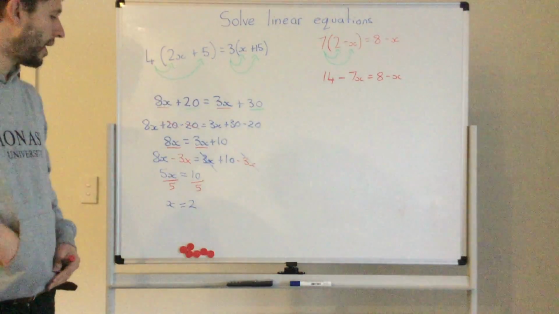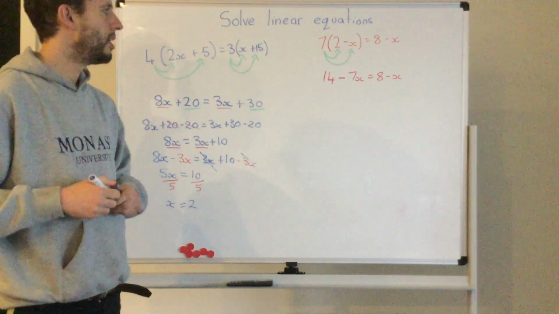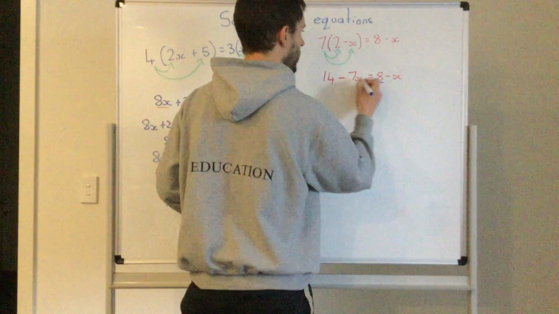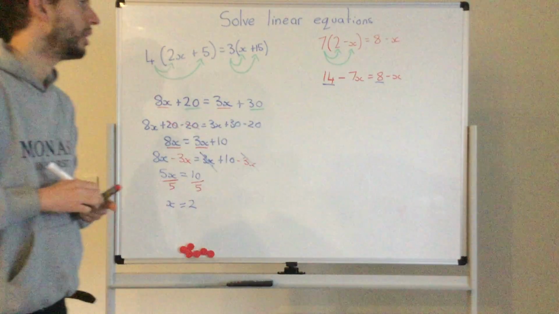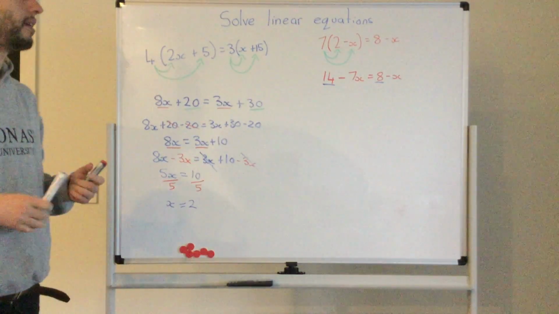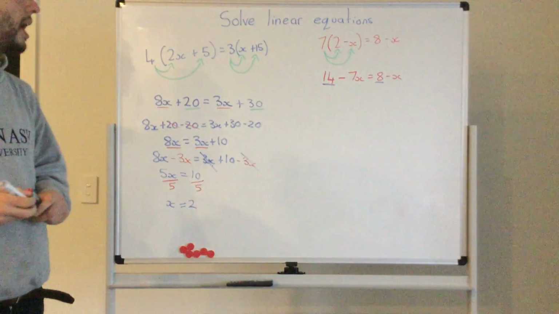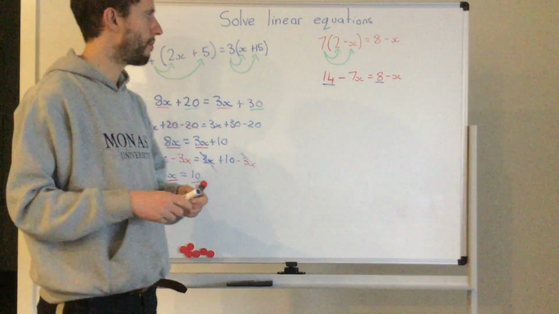The next step, I'm going to be looking at all of my like terms. So to start off, I'm going to look at 8, and I'm going to look at 14. Now, I would like 8 and 14 to be on the same side. So to do that, I am going to move 14 over to the other side.